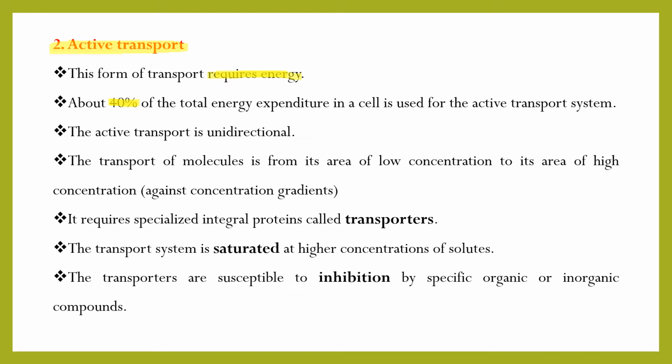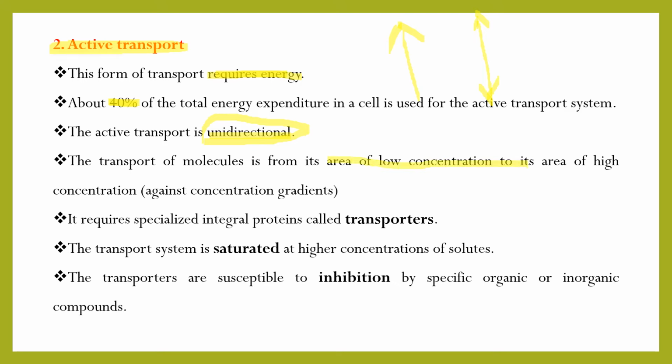The active transport is unidirectional. The movement of molecules or materials is in one direction. But in passive transport, molecules may be transported here and there in both directions, but the net movement is considered. Therefore, for active transport, substances are moved unidirectionally, from areas of low concentration to areas of high concentration.